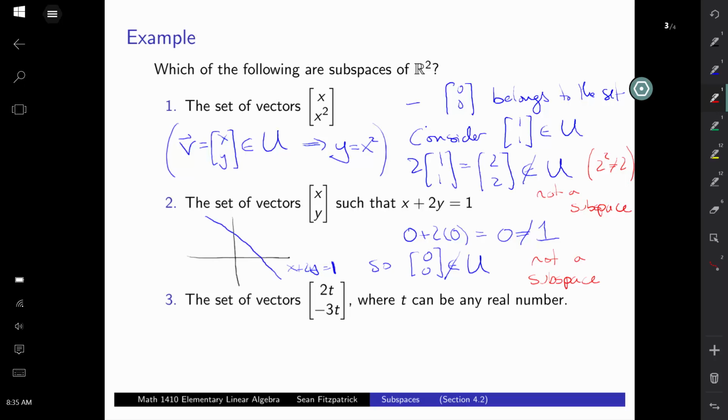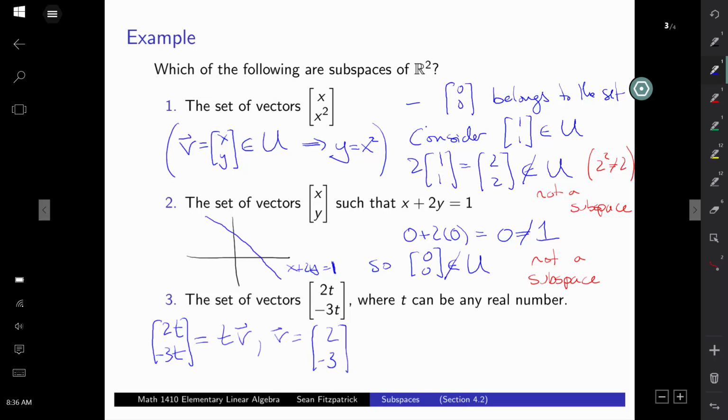All right, what about our last example? The set of vectors of the form 2t and minus 3t. One thing you might notice off the bat, and this will be a useful observation going forward into the next video, is that a vector of the form 2t and minus 3t, we can write as simply t times v, where v is the vector 2, minus 3.